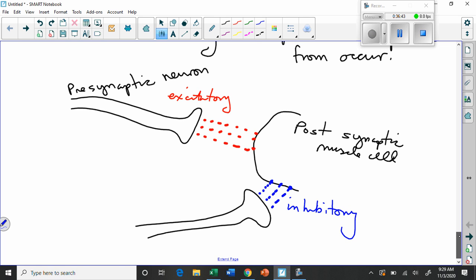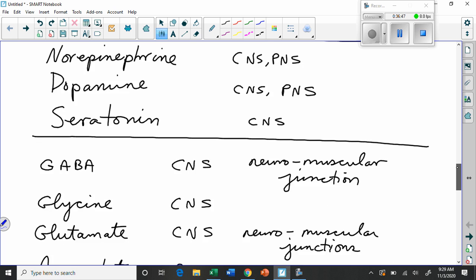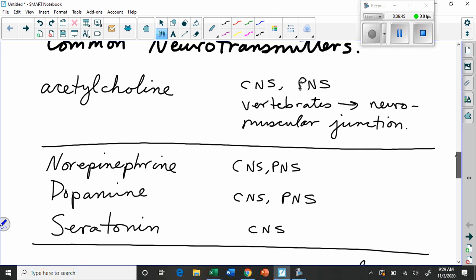If we go back to our list of neurotransmitters, right up here, acetylcholine, we can identify which ones tend to be more excitatory or inhibitory. So this one, acetylcholine, can do both. It depends on how it's connected and where it's going. So this one, I'll just write both here.